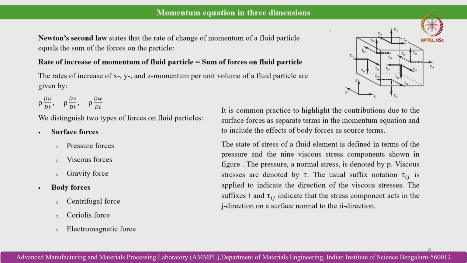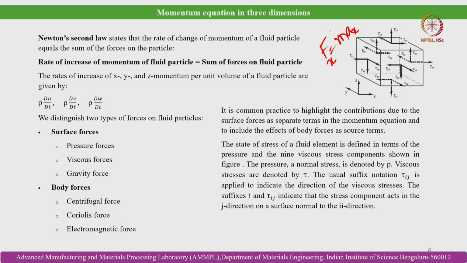So now we will be discussing how the momentum equation can be derived in 3 dimensions. We can start from the basic Newton's second law, which states that force is equal to mass into acceleration. If we are talking about the x direction, then it is m into ax. So this is Newton's second law. The rate of change of momentum of a fluid particle equals the sum of the forces on the particle.